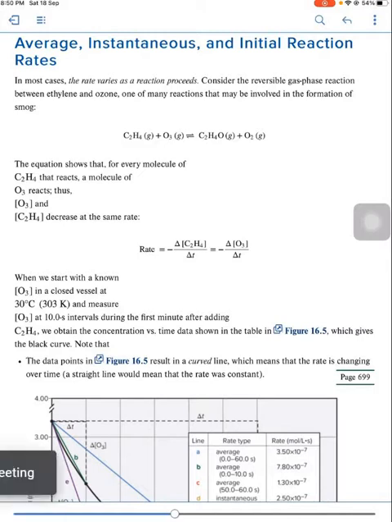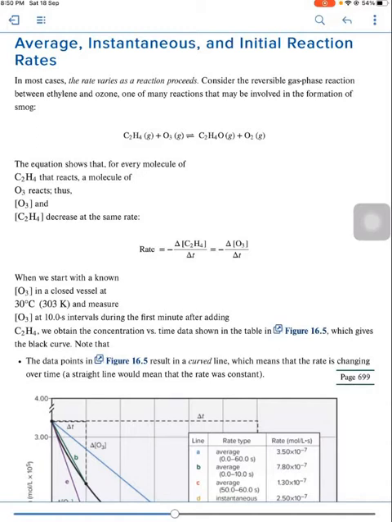So sebab tu kita tengok kat sini dia punya expression adalah rate is equals to negative delta C2H4 over delta T, and it is also equals to negative delta O3 over delta T. Sebab apa? Negative tadi dia adalah reactant, decreasing concentration. Okay, and we always measure delta change, delta meaning that we are referring to changes. And then square bracket is for the concentration.